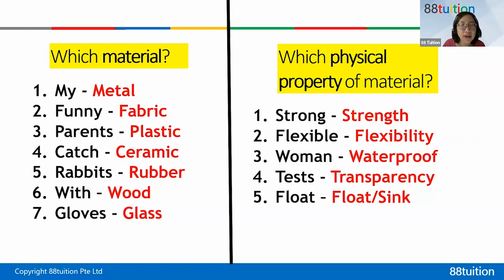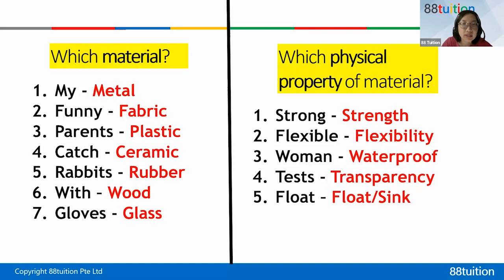So we go back to the chat. Do you see my answer? A flexible material. Flexible starts with what letter? Flexible starts with letter F, so use the word fold or bend. So a flexible material can bend or can fold without breaking. Now, next question for everyone. What is the meaning of waterproof material?